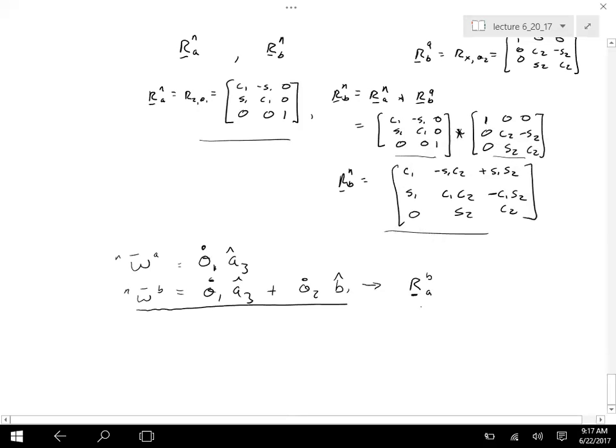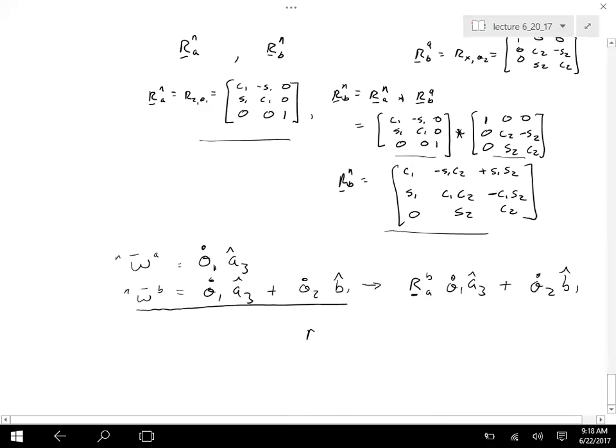That's what I want. So I'm just going to say I want that rotation operator times theta 1 dot A3. Then plus, I don't need to project anything. This guy's already in B, so I'll leave it in B. Now, Kevin, you were trying to quickly work out in your head what this A to B is. Let's write down a little equation and get it from there.